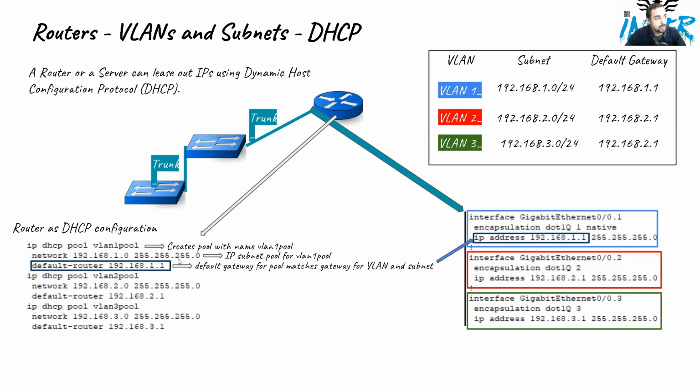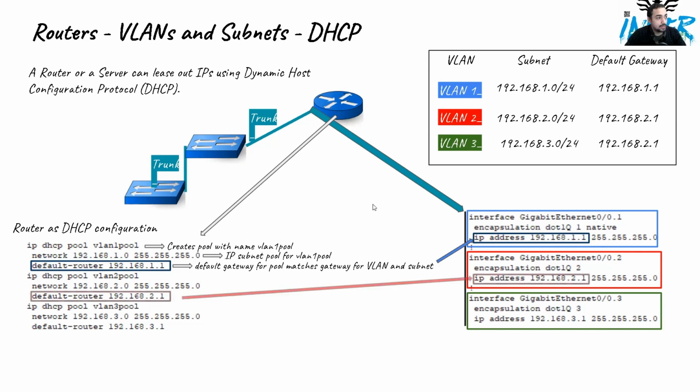So anything in VLAN 1 is going to be assigned 192.168.1.1 as the default gateway. So when anything in VLAN 1 wants to talk to VLAN 2 or 3 or anything else that's outside of its network, it's going to send the data to this sub-interface where the router will do its job.